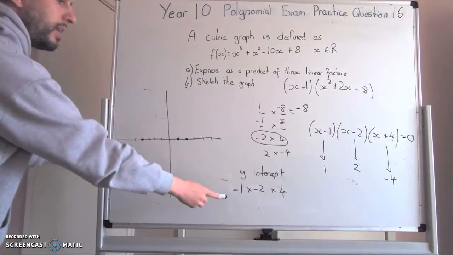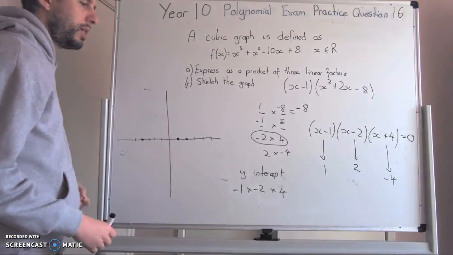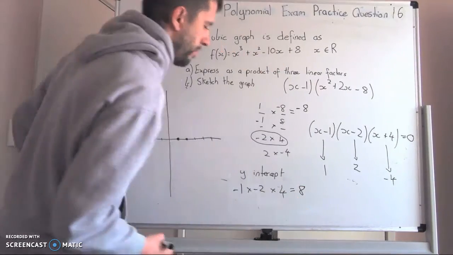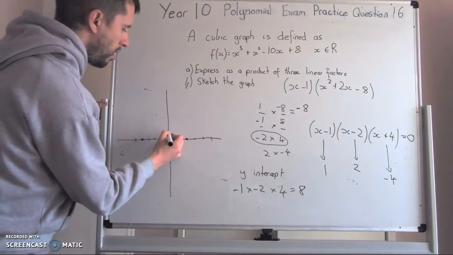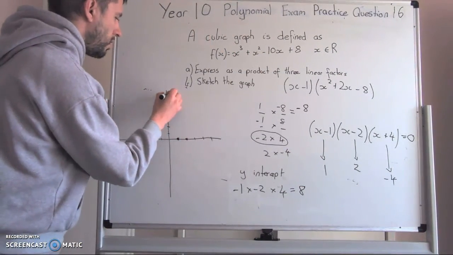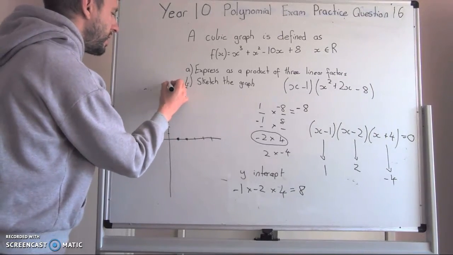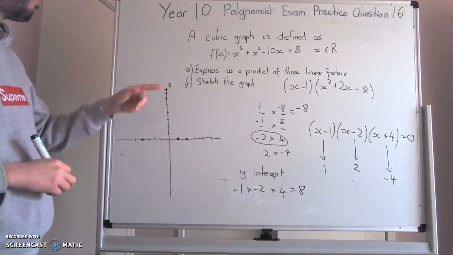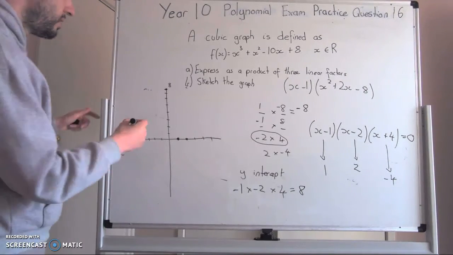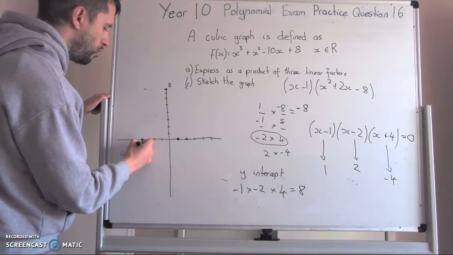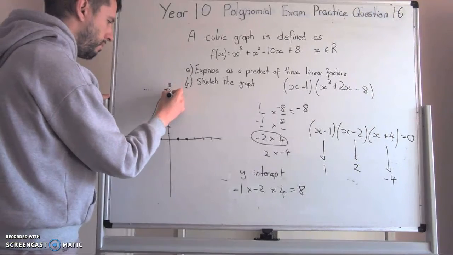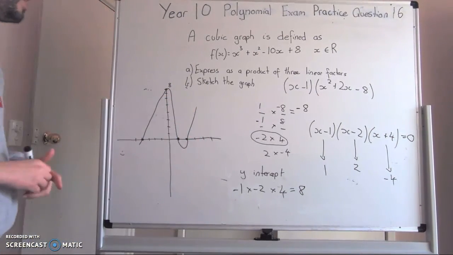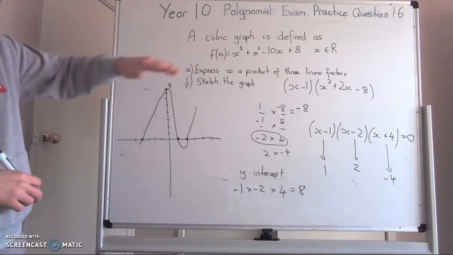So I'm left with negative 1 times negative 2 is 2. 2 times 4 equals 8. So straight away, that tells me exactly where my intercept is going to be, which is at y is 8. This helps me now draw my polynomial. And I've got my polynomial for this graph.